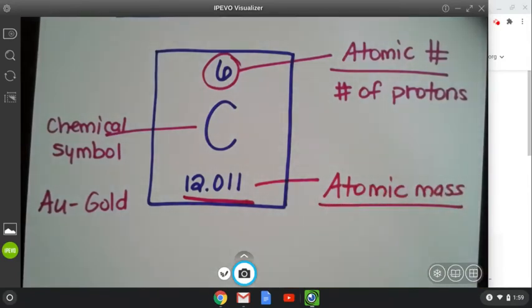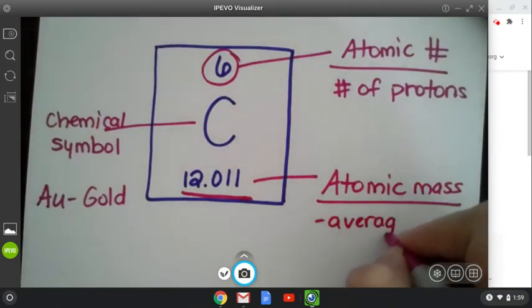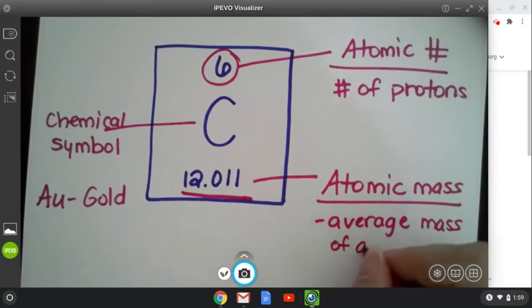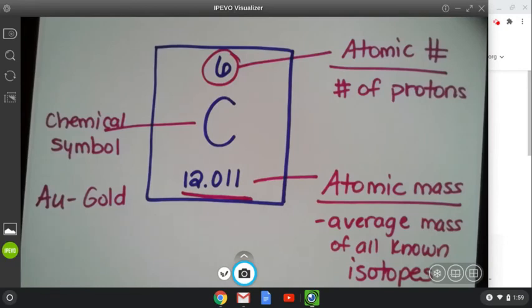And what your atomic mass actually is, this is the average mass of all known isotopes. So this is what you find out from the periodic table.